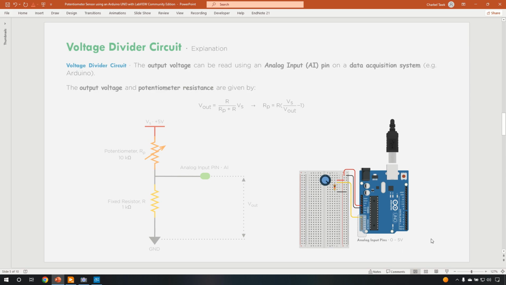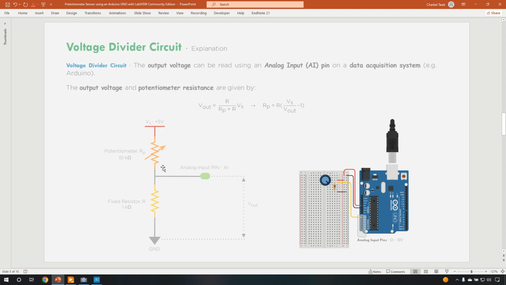So we need to make sure that whenever we have a sensor, its output is between 0 and 5 volts. If not, if we have a sensor whose output is in microvolts or larger than 5 volts, we need to build an amplification circuit using operational amplifiers in order to change or scale our signal in order to make it suitable to be read by an Arduino UNO.